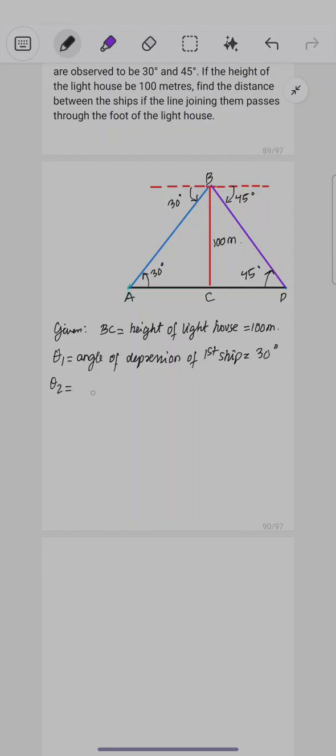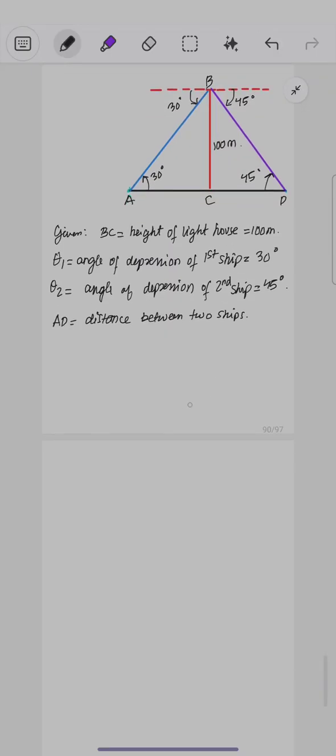And then theta 2 is what? Angle of depression of the second ship, which is 45 degrees. And AD is what? Distance between the two ships.